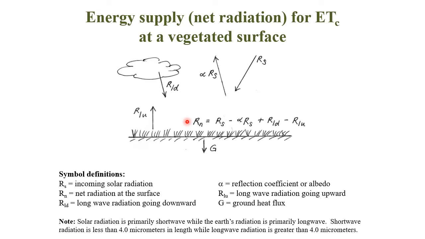Net radiation is calculated by summing up all the components of shortwave radiation, Rs, mainly coming from the sun, and longwave radiation coming from terrestrial bodies that have temperature. Once you sum those up, you get the net radiation at the crop surface. Not all of the net radiation is used in evapotranspiration because some of it is lost through ground heat flux, represented here by G.